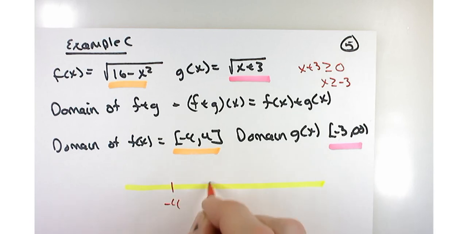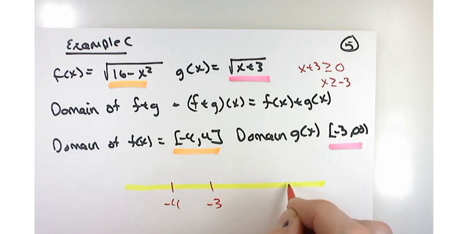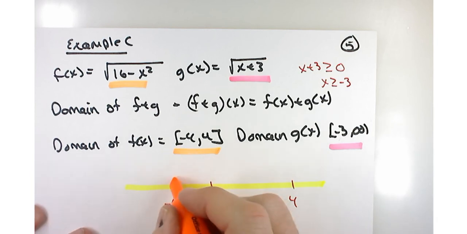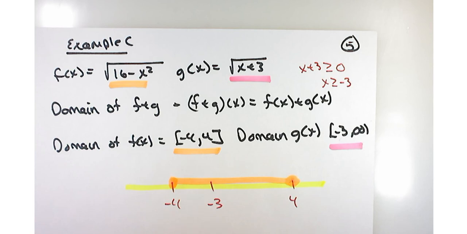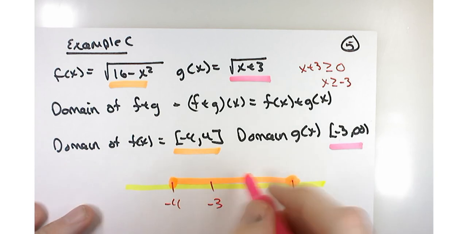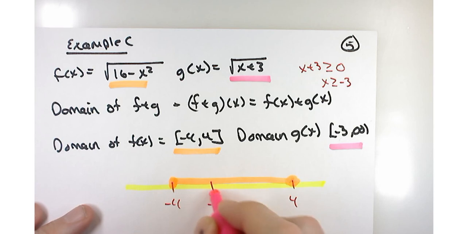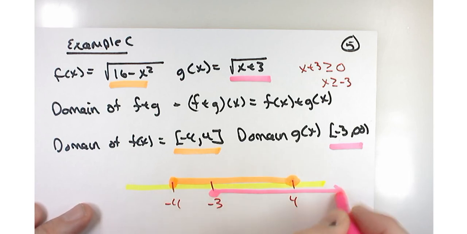Negative 4, negative 3, and 4. The domain of f is everything between these points, including the endpoints, right? The domain of g starts at negative 3 and goes to infinity.